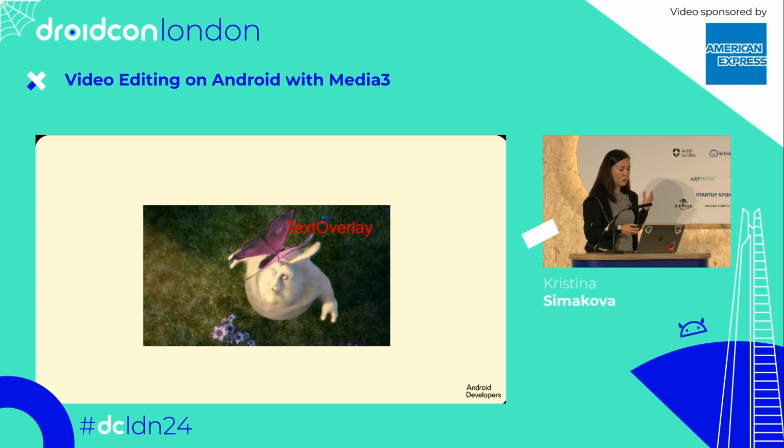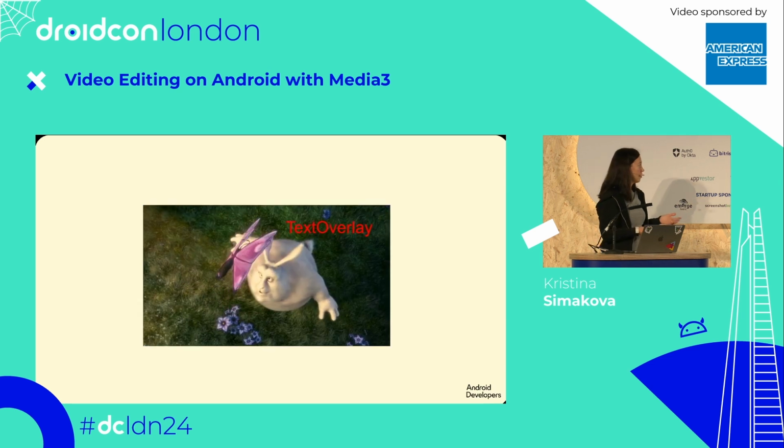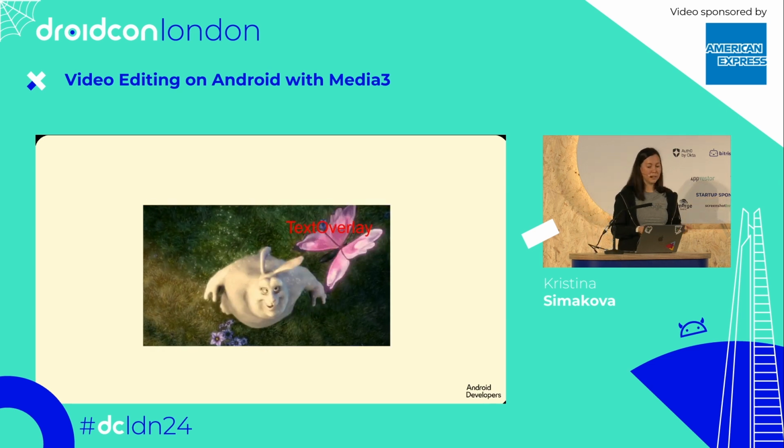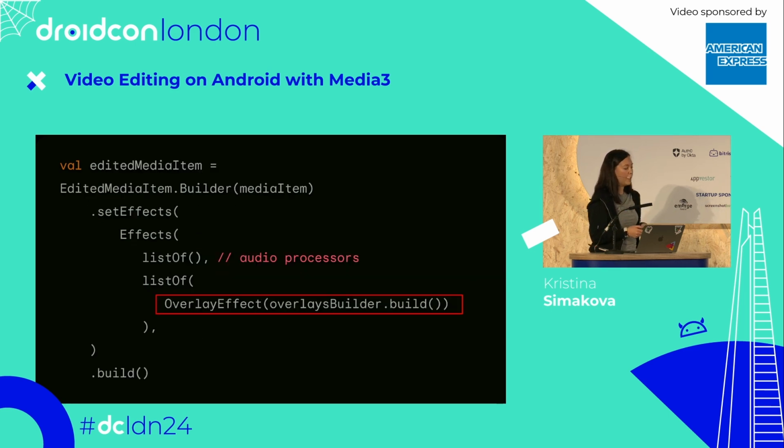Since text overlay is one of the effects provided by Media3, it's very simple. First, the overlay will be built with spannable string. So we give you the power to define the text, the style, everything you need. And now we add an overlay effect to a list of the video effects as we did before. And that should be it.